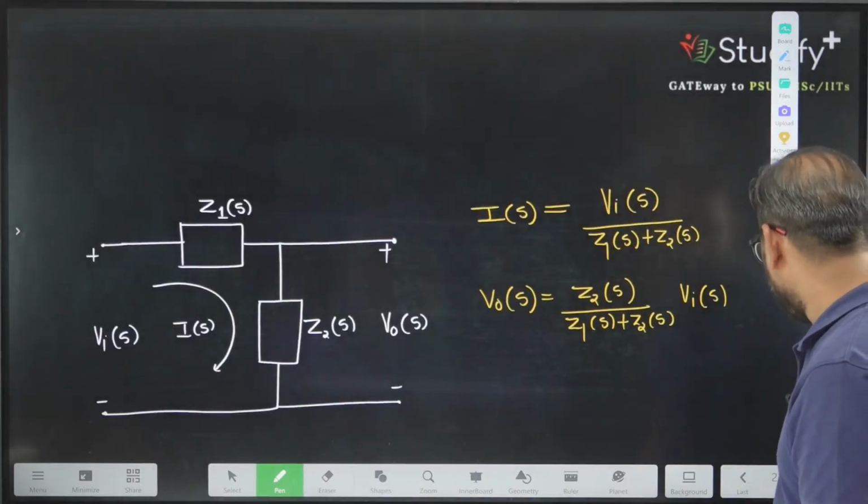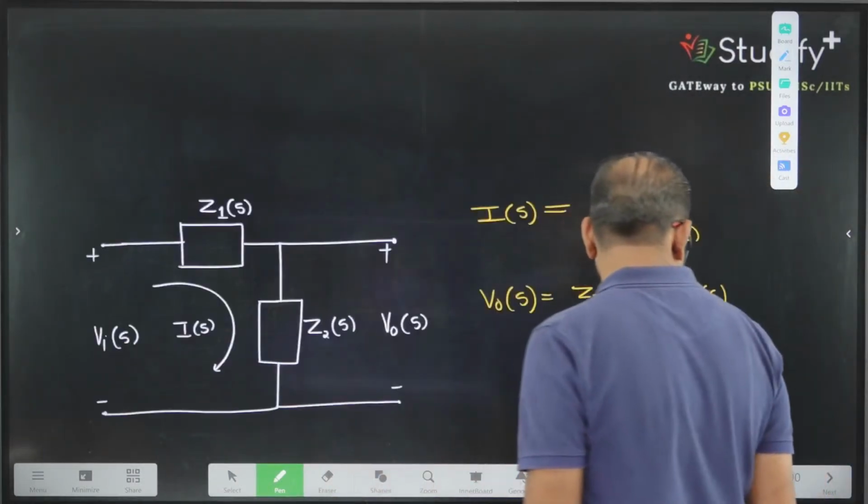The first thing you want is Z2. So what is the value of Z2? Z2 has value 4.